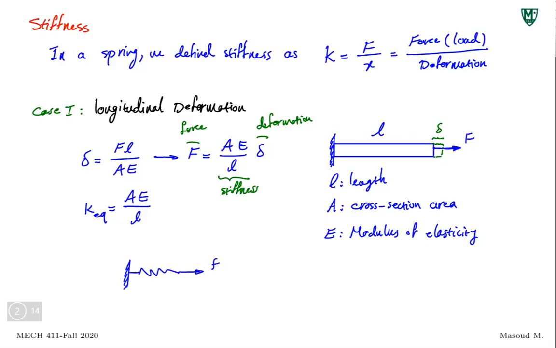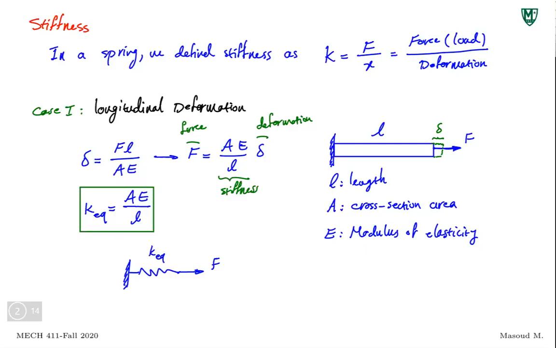This is F, the same F as applied to the bar, on a spring with this stiffness K equivalent. So pretty much I replaced the bar or the beam under tension, could be compression, with a spring.